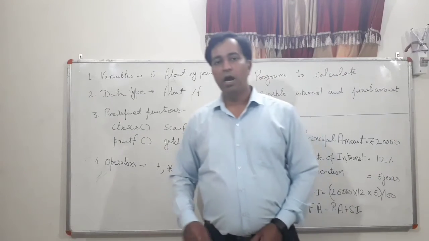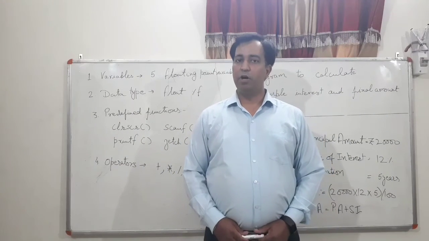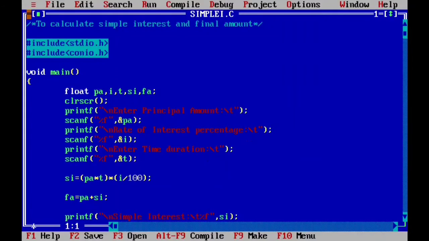Now let's see how we can make this program on a compiler. Let's have a look at this program. This program is to calculate simple interest and final amount. As discussed over the board, we have taken 5 floating point variables for this program. Out of these 5 floating point variables, we are scanning 3 variables.